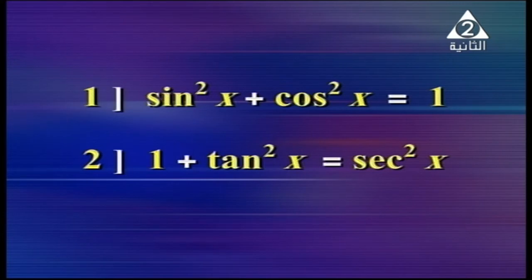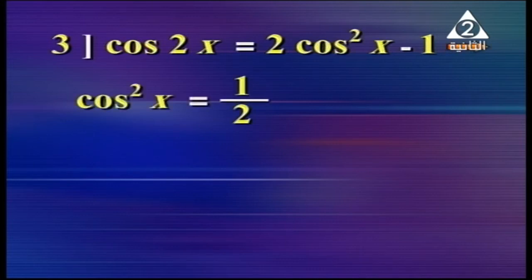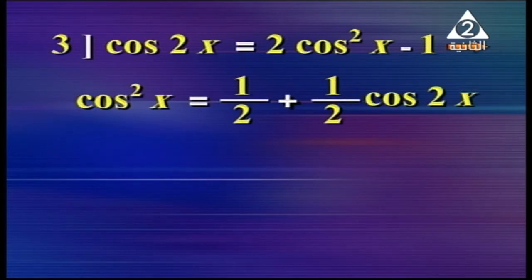And we know from trigonometry that 1 plus tan squared x equals sec squared x. Also, cosine 2x equals 2 cosine squared x minus 1. We can substitute cosine squared x equals half plus half cosine 2x.